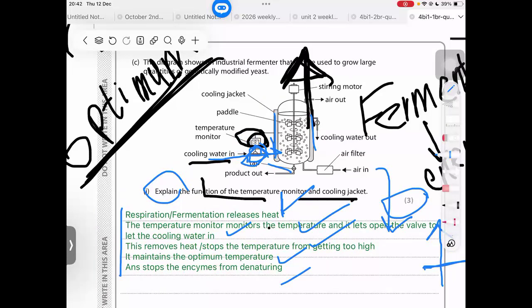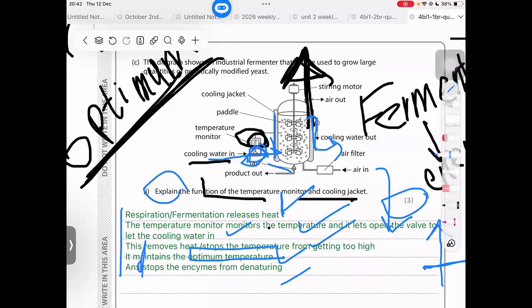And then when you let the cooling water in, it will reduce the heat because the cooling water can absorb the heat, right? And then it gets out of the cooling water jacket. And why do we do this? We do this to maintain an optimum temperature. What is the reason why we need to maintain an optimum temperature?